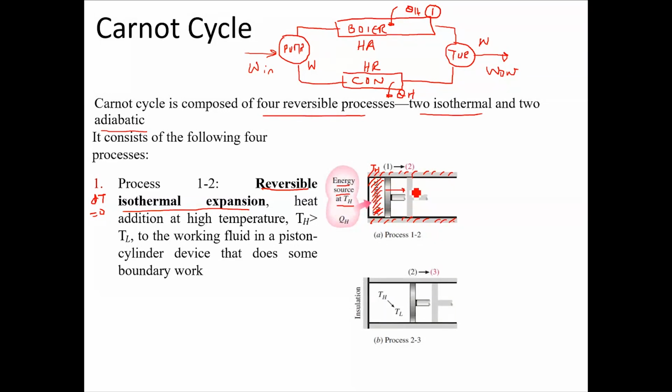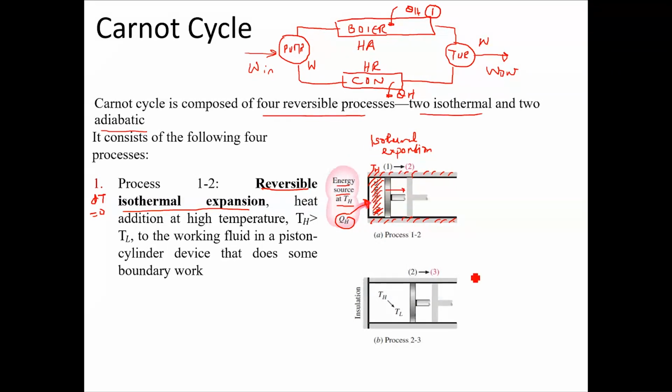If there is expansion, what will happen to the temperature of the system? Decrease. All right, it would decrease, but the decrease is catered by heat addition to the system, QH, which maintains the temperature of the system as TH. So isothermally, there is expansion taking place within the system. Clear? Yes, sir.